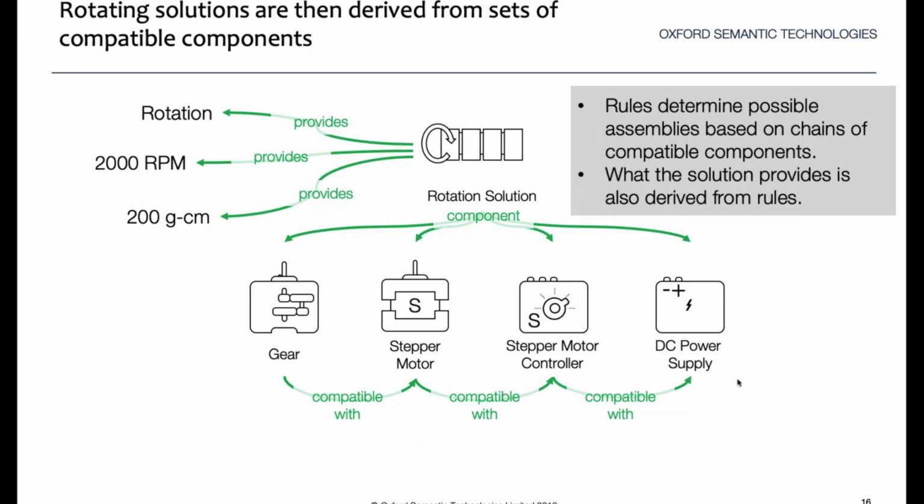That's determined when each of these items are matched by one of these compatible-with relationships. And for each of those, we're going to use, again, rules to determine these possible assemblies and assign them to a new rotating solution. And that rotating solution, by again doing the maths on each of these components, will in turn provide a rotation of a particular speed and a particular torque.